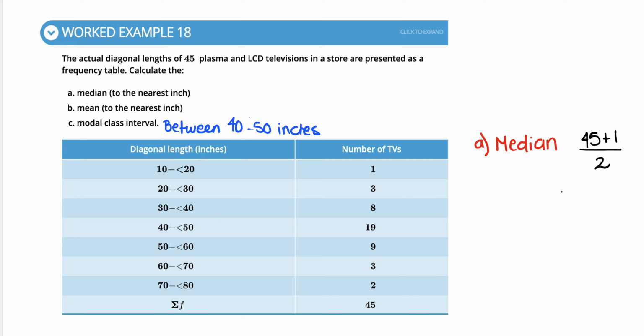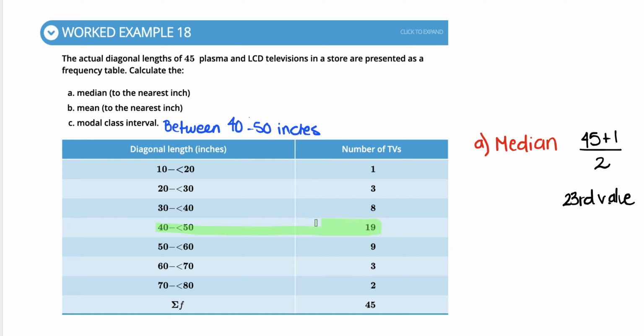It's very important the language that I'm using here: I'm finding the position. Where is it placed? 45 plus 1 is 46, divided by 2 is 23. So it's going to be the 23rd value. If I add all of these, it's going to be in here. So I have identified where it is going to be.